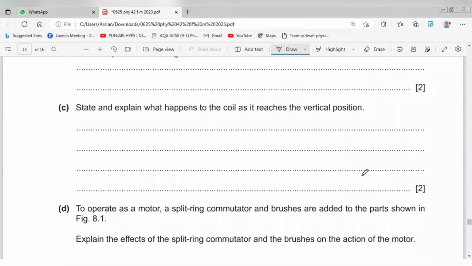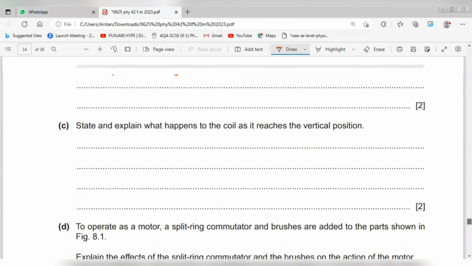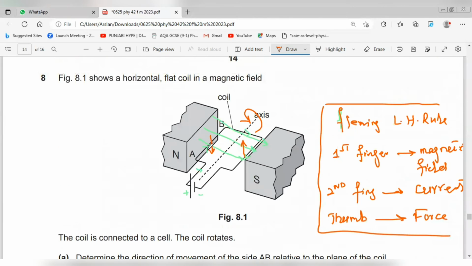Okay, question C part. State and explain what happens to the coil as it reaches the vertical position. When the coil reaches the vertical position, this side will be upside and AB will be downside. So it will stop because there is no commutator, no split ring and carbon brushes. It will vibrate and suddenly stop.